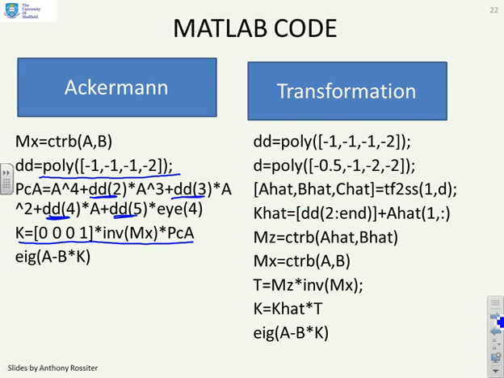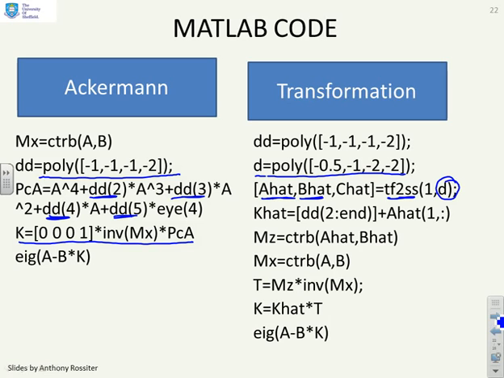If I want to do it in canonical form, you'll notice I need the open loop pole polynomial as well as the closed loop pole polynomial. So I've used TF2SS, transfer function to state space, and you'll see that gives you the canonical form A hat and B hat based upon the open loop polynomial.